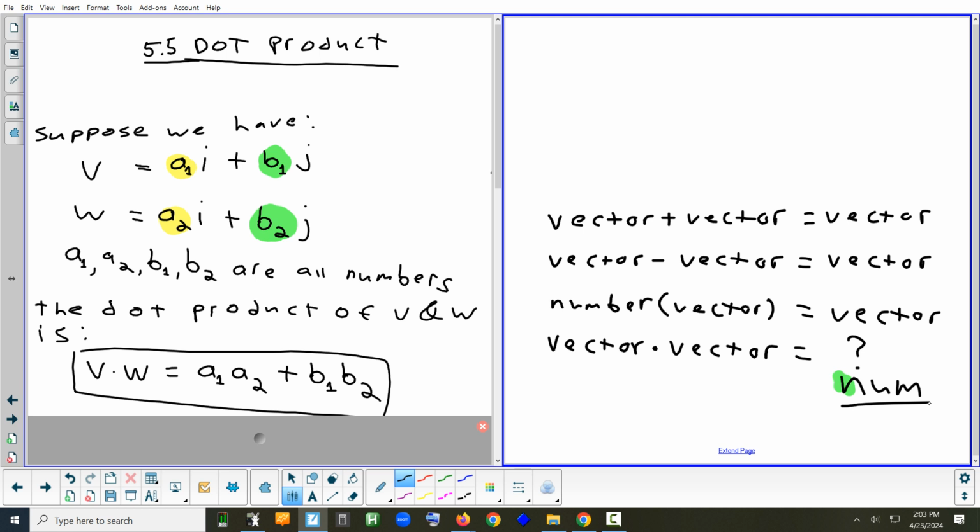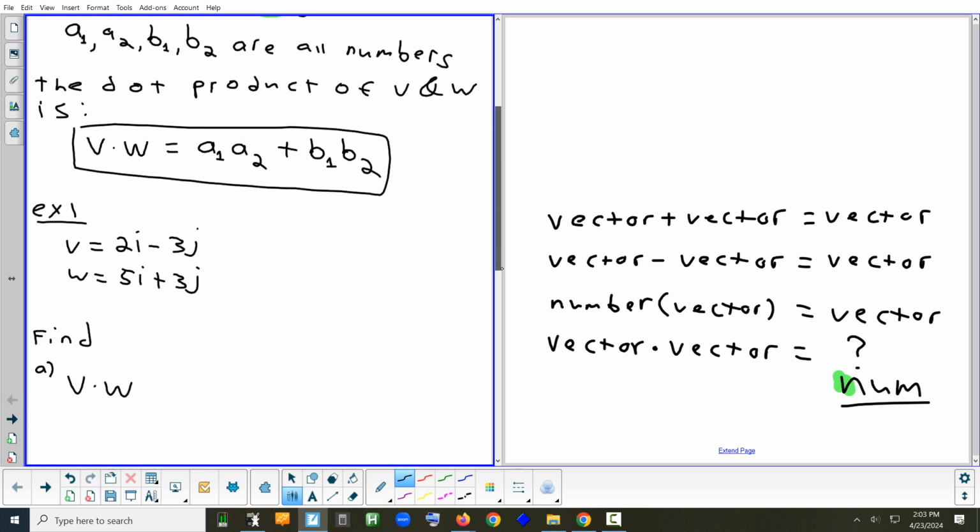We don't keep the I's or J's. So an example answer for a dot product: 13. Just the number 13. Now what you do with that number, that's what's important. I kind of already hinted at what you're going to do with it. It's used to find the angle between 2 vectors. And that's the last thing we'll do today if we get to that.